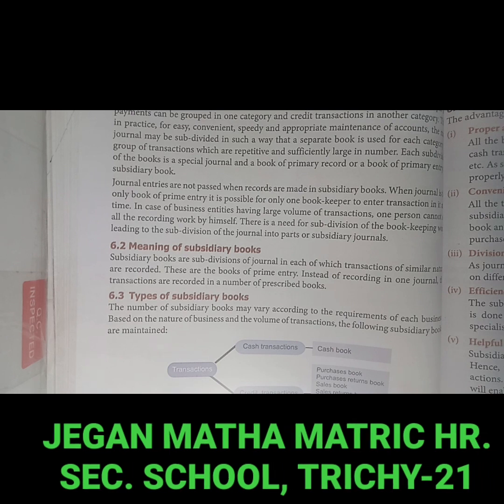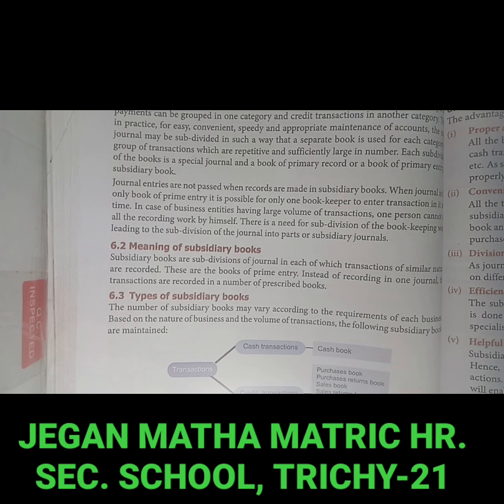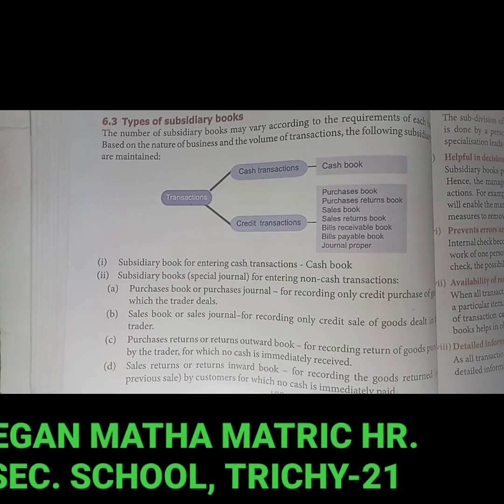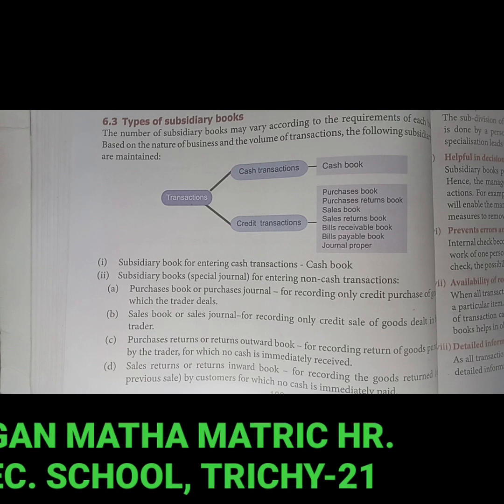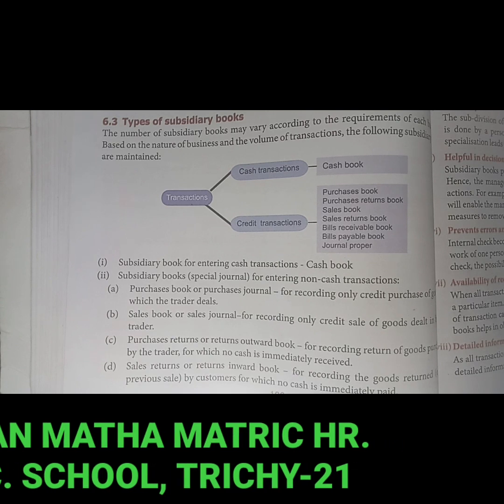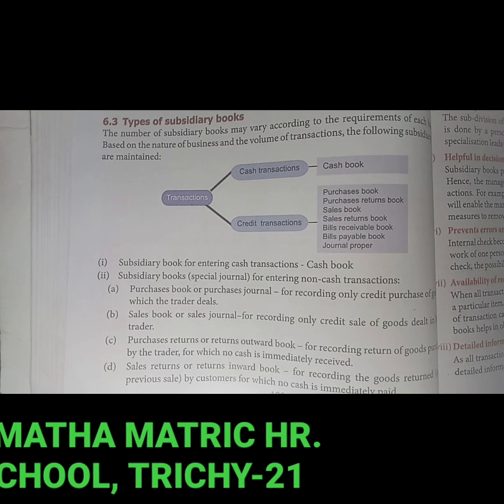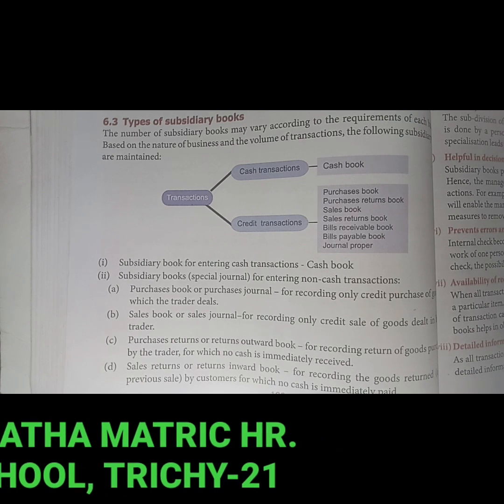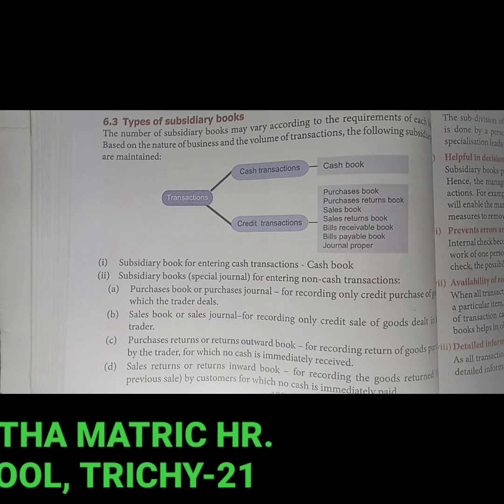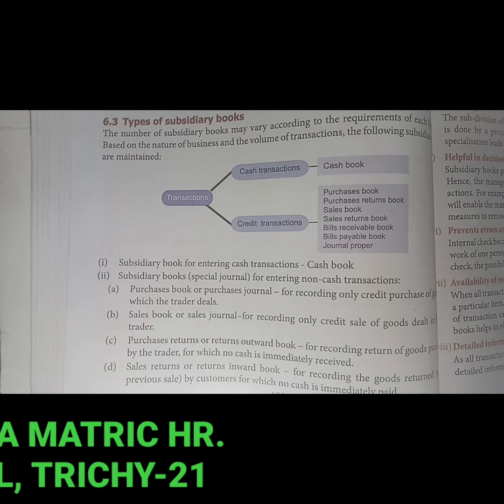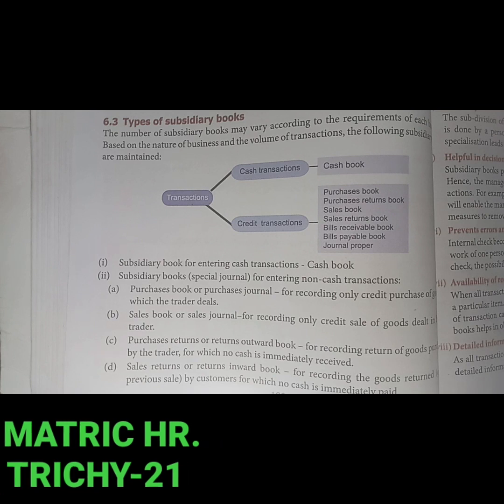Transactions are classified into two categories: cash transactions and credit transactions. Cash transactions are recorded in the cash book. Only cash transactions are recorded in the cash book.